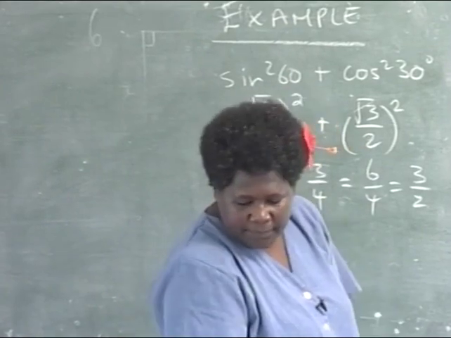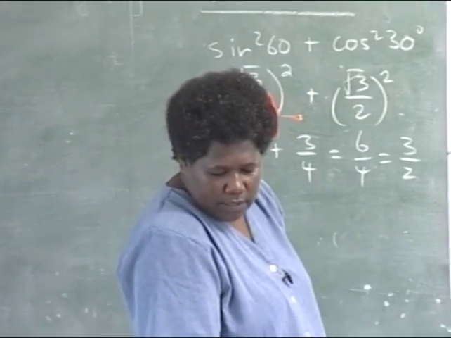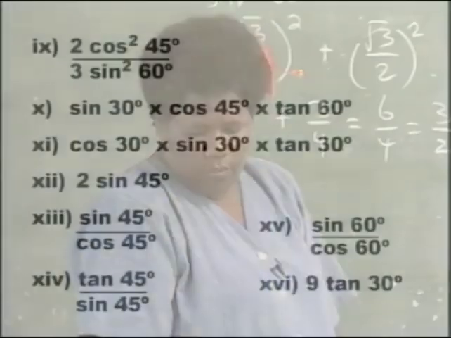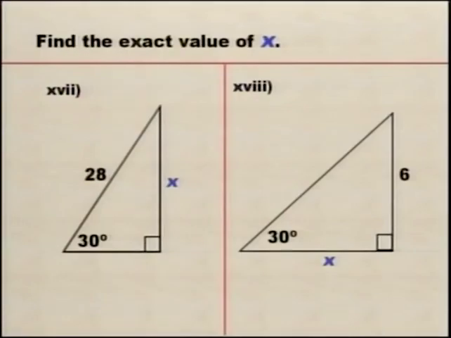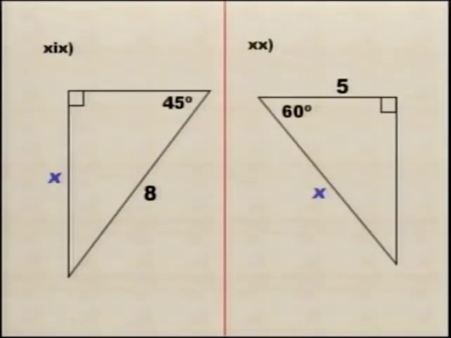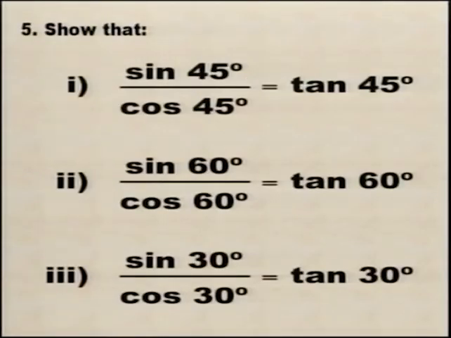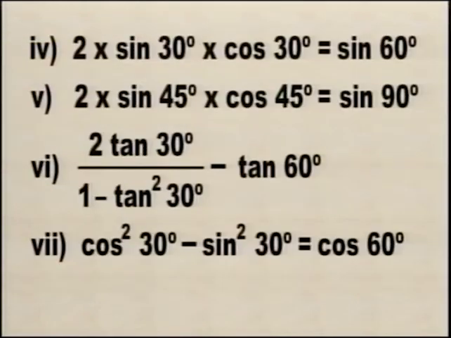Okay, for question 4, there are questions 1 to 16, maybe more, I don't know. 16, there's 17 and 18. It's very easy. And there's 19 and 20. And then there's question 5, 1, 2, 3, 4, 5, 6, 7.